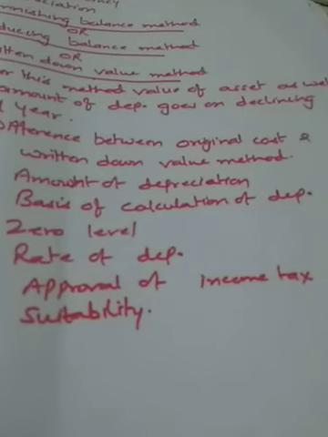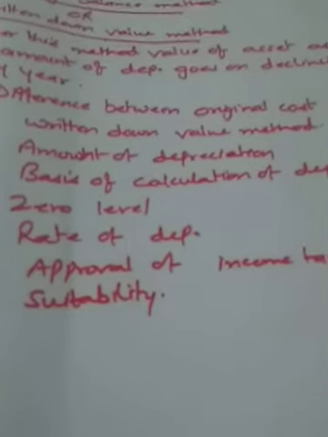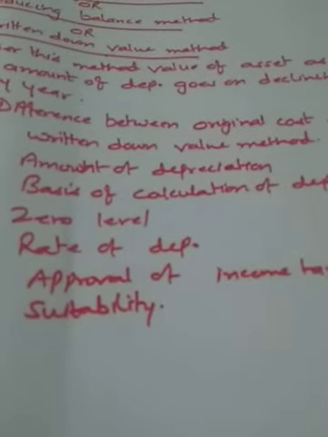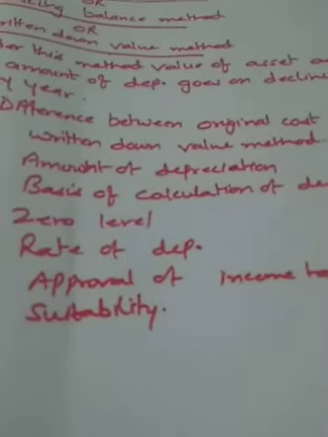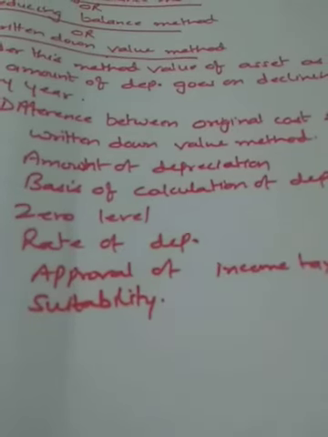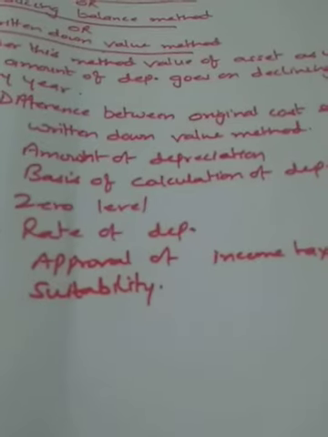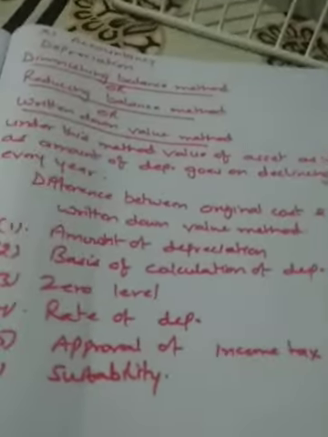On the other hand, diminishing balance method is suitable for assets which require more repair expenses with passage of time and where possibility of obsolescence is more due to technological changes such as plant and machinery, vehicles, etc. So all these are bases.